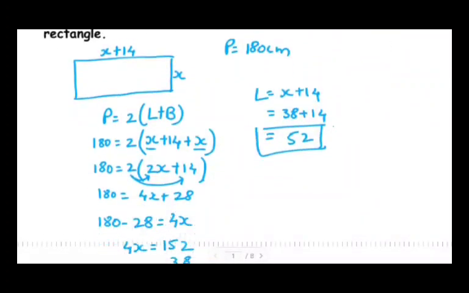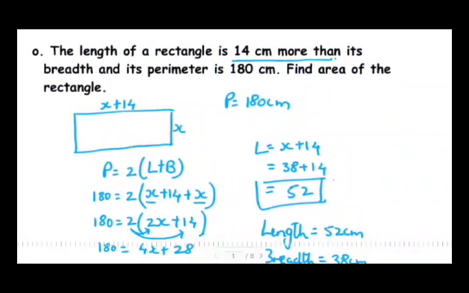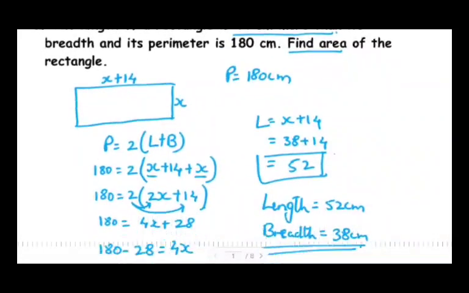Yes, so length is equal to 52 centimeters, breadth is equal to 38 centimeters. Okay, now they don't want the length and the breadth. They straight away said find the area.